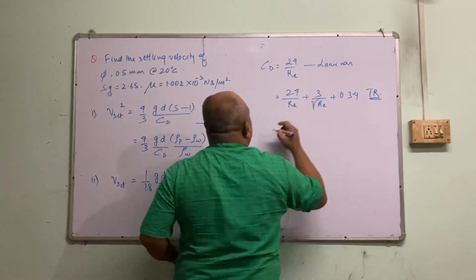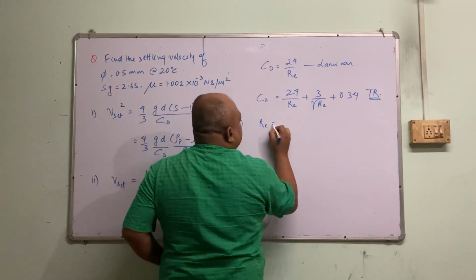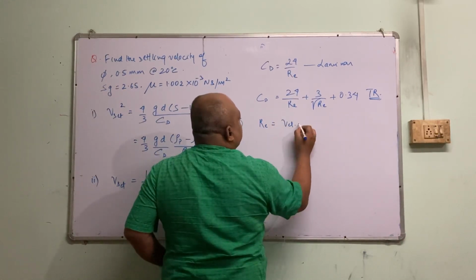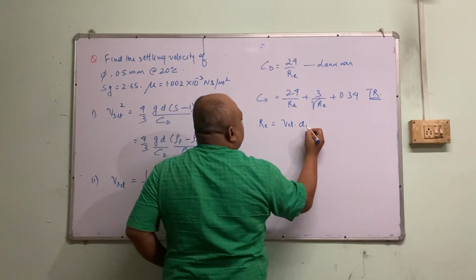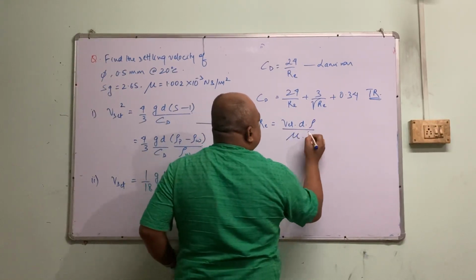But the Reynolds number is the velocity into the diameter into the density divided by dynamic viscosity.